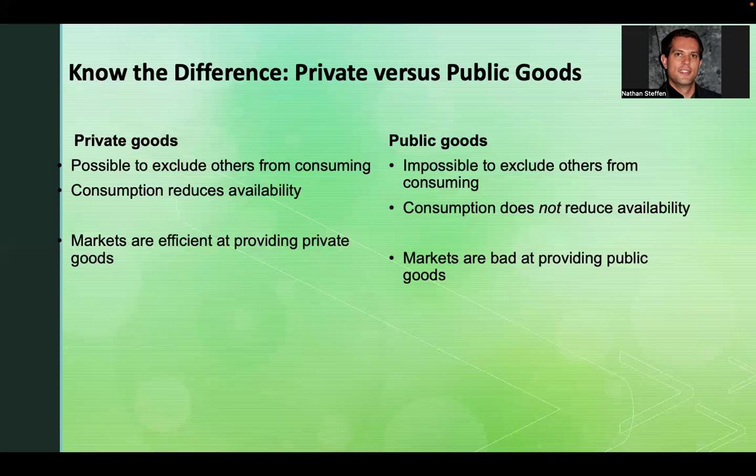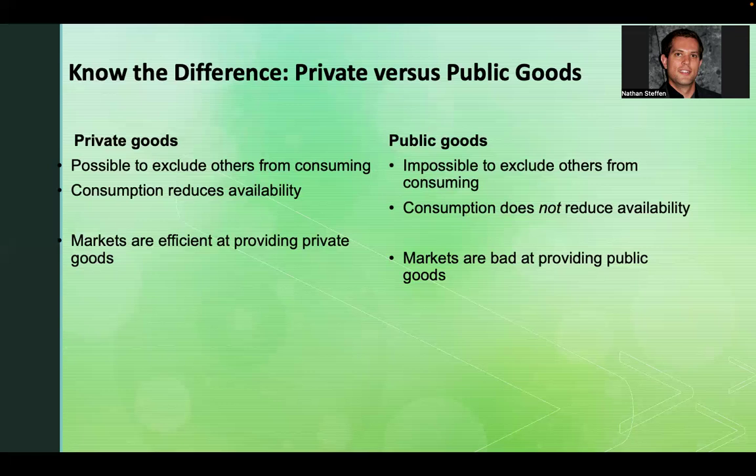But getting back to public goods, when we compare consumption to private goods, consumption does not reduce it. If I see and benefit from a lighthouse, there is the same amount of lighthouse left for everyone else to benefit from. So markets are not good at providing public goods.